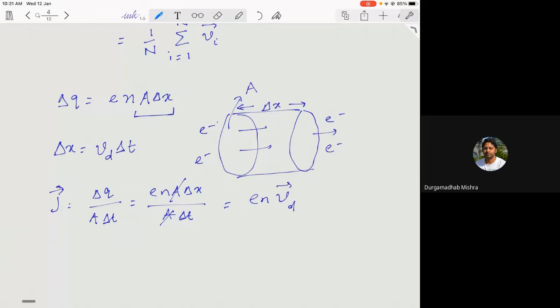So you have a direct relation between current density J and the drift velocity Vd.